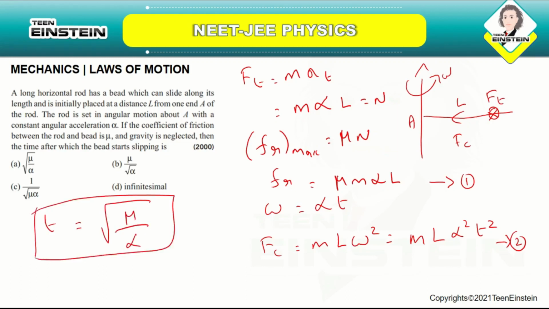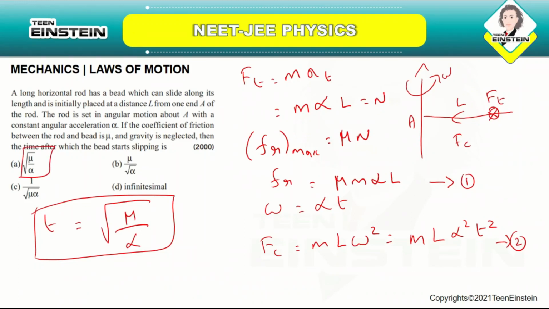So the time after which the bead will start slipping is root of mu by alpha. When t is greater than root of mu by alpha, Fc will be greater than Fr, so the bead will start sliding. Okay, so the correct answer is option number A.